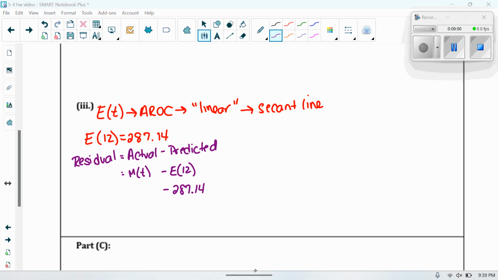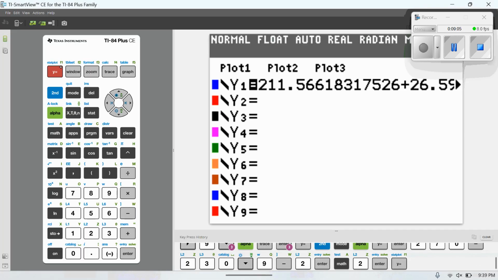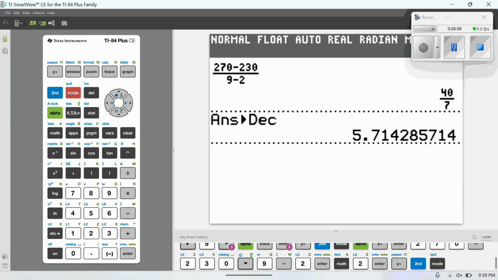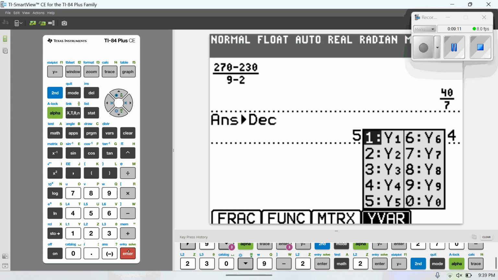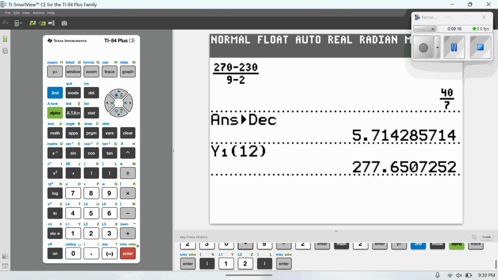But I am now going to go back to my calculator. I already have this function, my model, M of t, stored into Y1. So in the home screen, I'm going to do alpha trace 1 of 12. So M of 12 is 277.65 and so on.